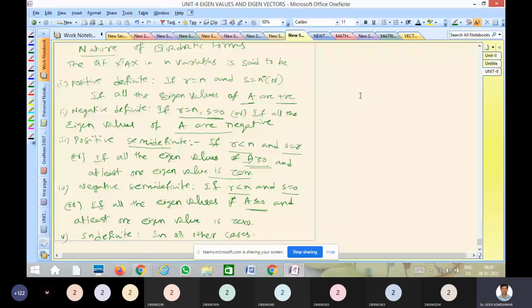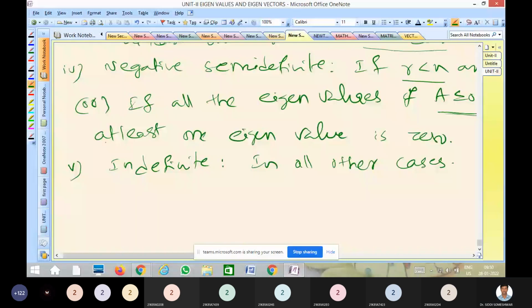Now here you can see we have one law, Sylvester's law of inertia.